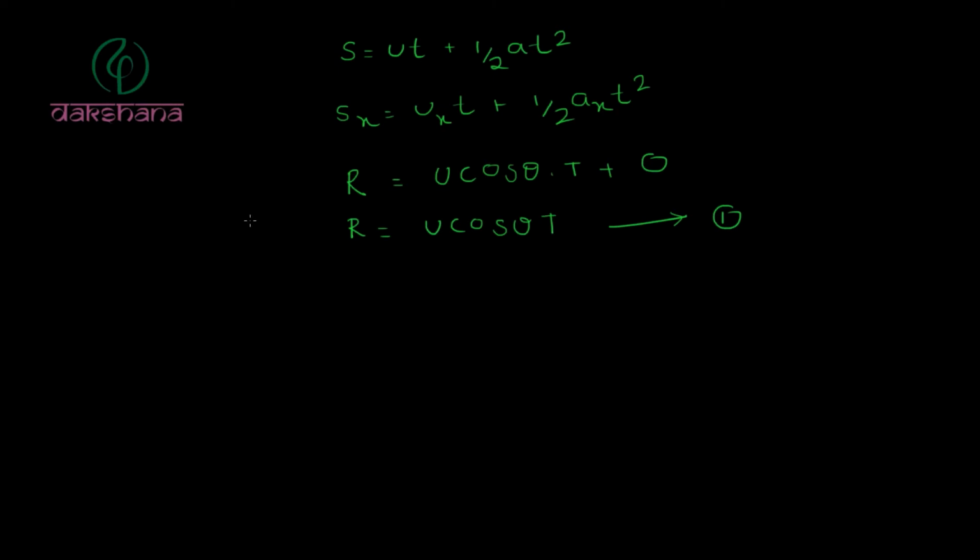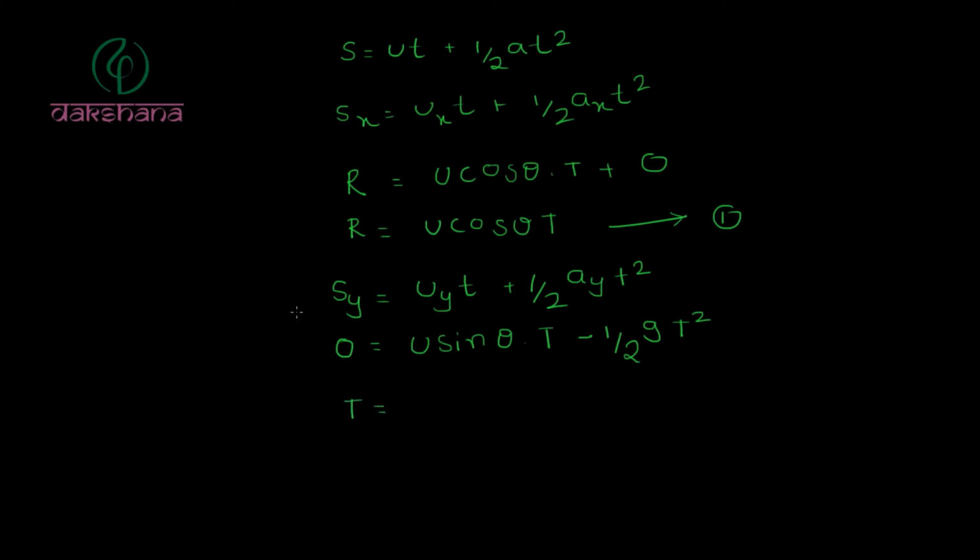Now similarly, writing in sy, that is sy is equal to uyt plus half ay t square. You know sy is 0, uy is u sin theta and time taken t. Now minus half ay is minus g, that's why minus half g t square.